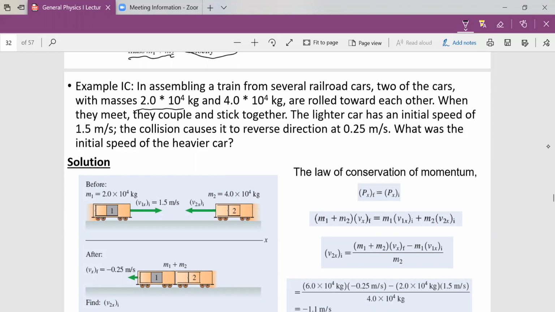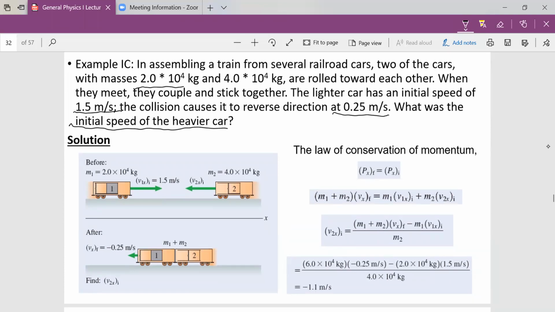The lighter car has an initial speed of 1.5 meter per second. The collision causes it to reverse its direction at this speed, 0.25 meter per second. The question is, what was the initial speed of the heavier car?